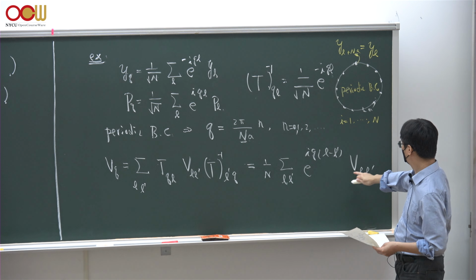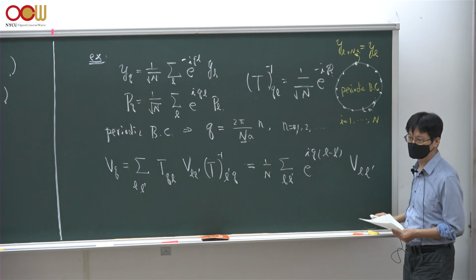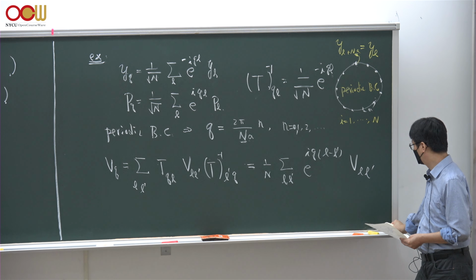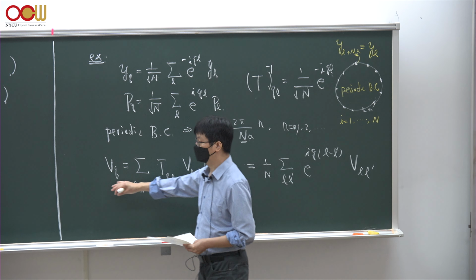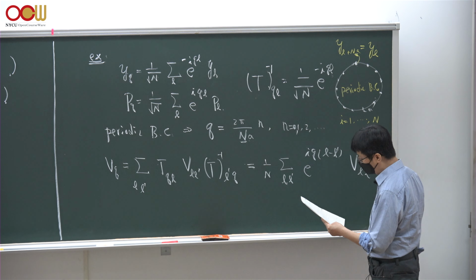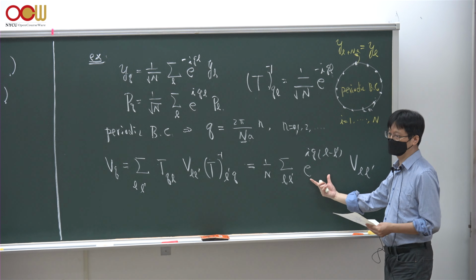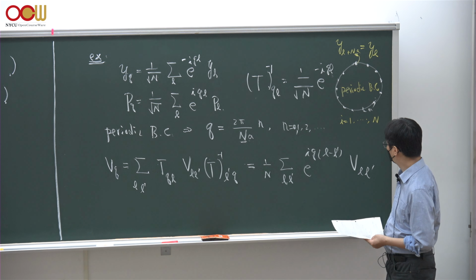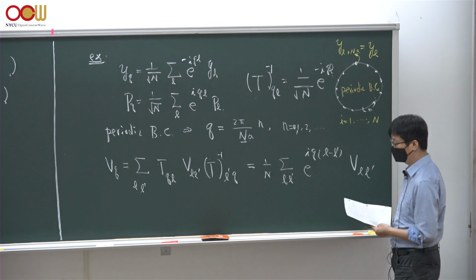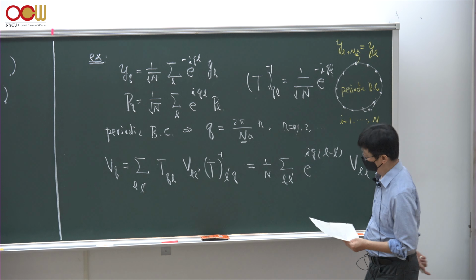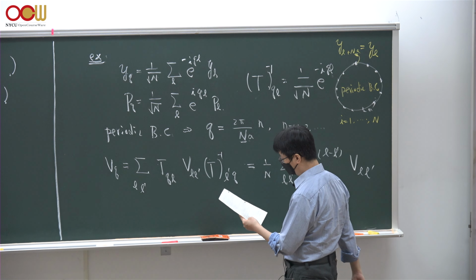So this is also nothing but the Fourier transform from the real space to the normal mode basis, and they differ only by a Fourier coefficient. If you sum over all this Fourier series, you get back to V_q, or vice versa.